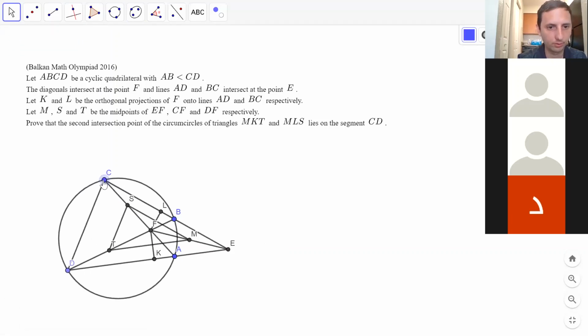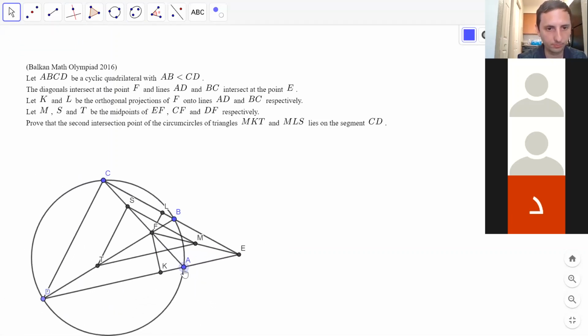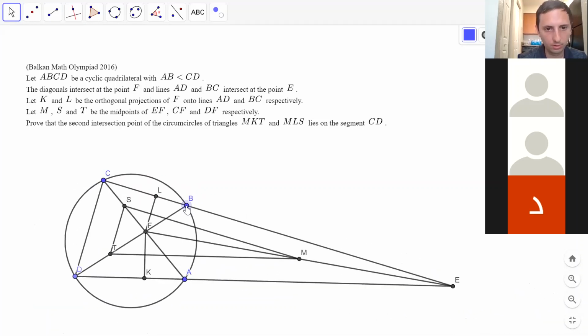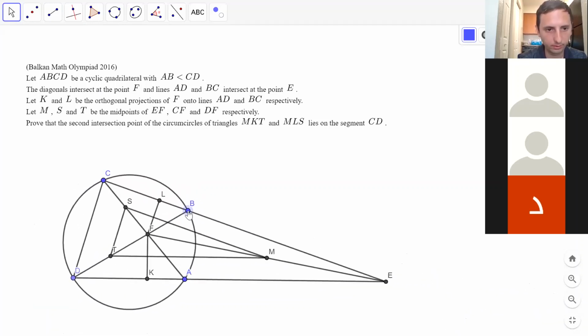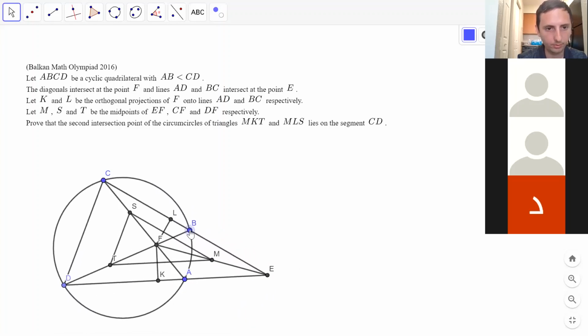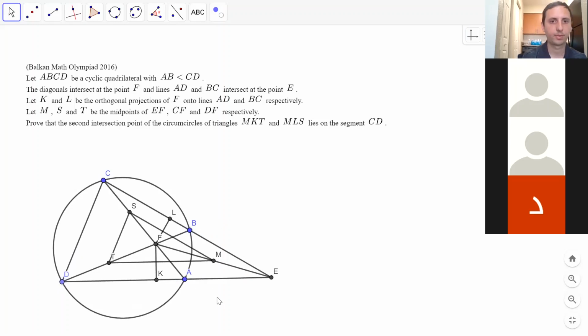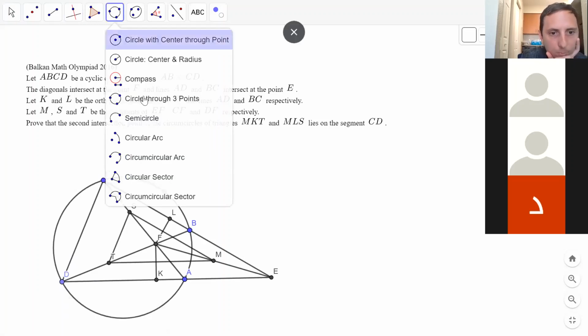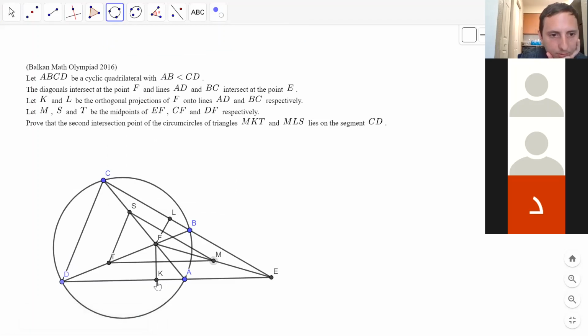Maybe you don't even need Brocard. So just, let's see. Kind of like that. I don't want to make it look like AB is parallel to CD. That's the thing. But I think that's good enough. So MKT and MLS. We want to show they intersect on CD.